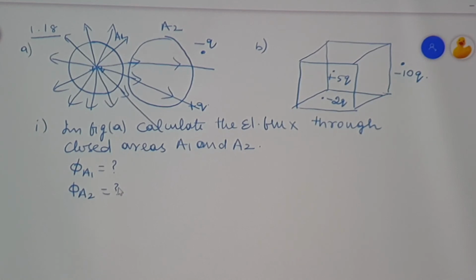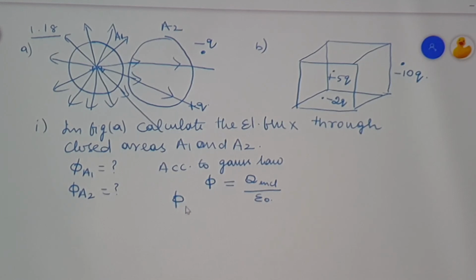Let us consider using the Gauss law. According to the Gauss law, the flux available is equal to the amount of charge enclosed, that is Q enclosed, divided by epsilon 0.